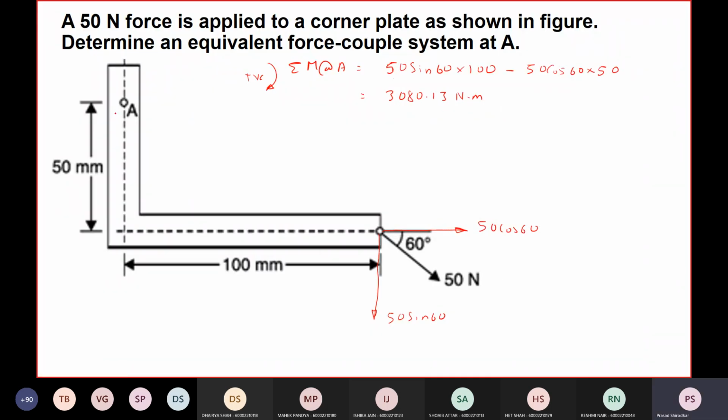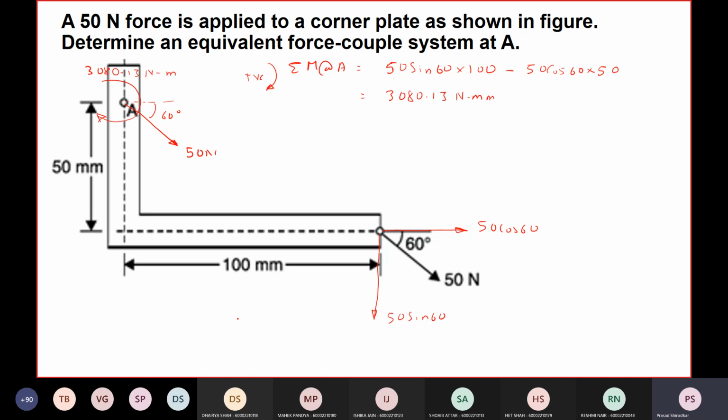All right, so the equivalent system is this 50 Newton force at A, making an angle of 60 degrees with the horizontal, and a clockwise moment of 3080.13 Newton millimeters.